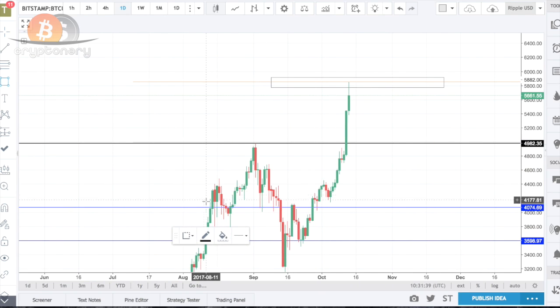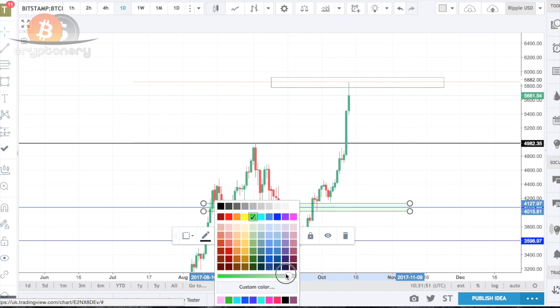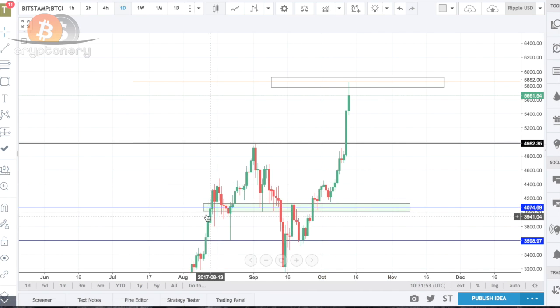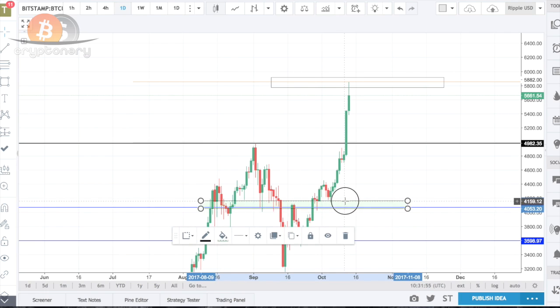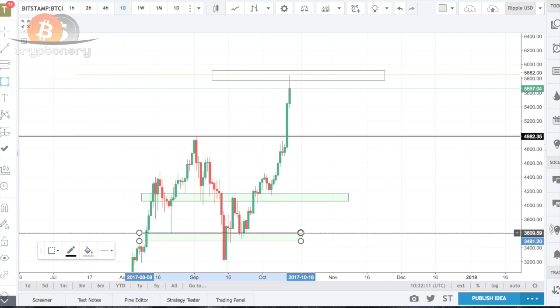I will now make a zone from this level and remove the lines. We'll make this blue. No, we'll make this green, a bit easier to see. Really fade that out. Then we just fine tune this slightly. We can put that to around there. Get rid of this. We can now do the same below. Do that from around there.